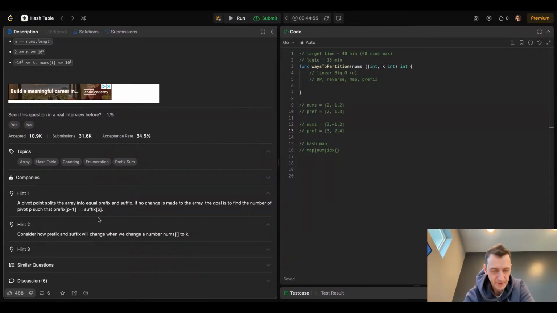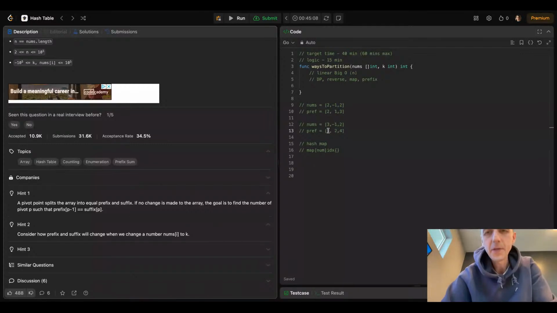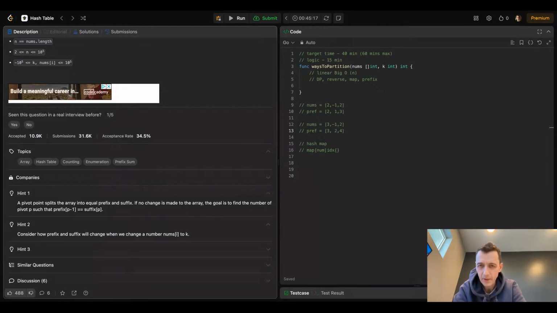How the prefix and suffix will change. And we know the prefix will be increased. The suffix will not. It depends on which I, but in this case, yeah. It depends on where it is.